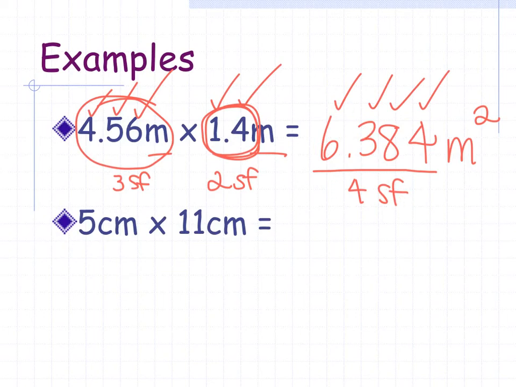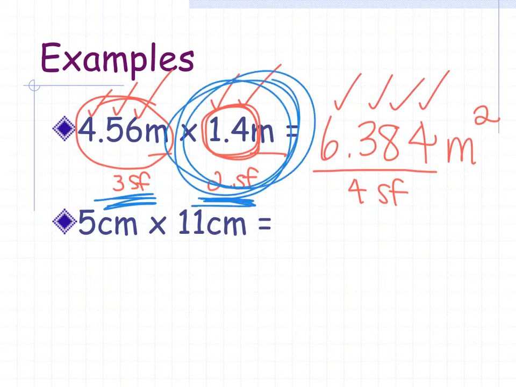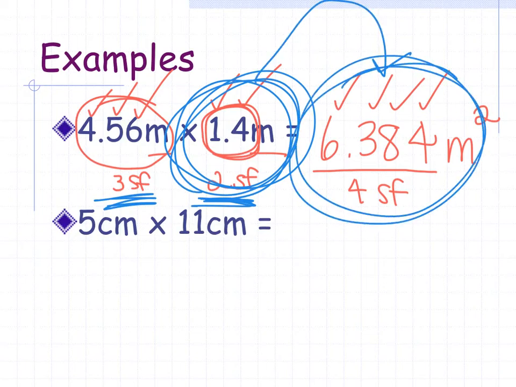So you have to look at this and say, this one has 3, this one has 2, which is less. Your answer has to match the significance of your least significant measurement. So instead of saying 6.384, I can't have 4 sig figs, I can only have 2.